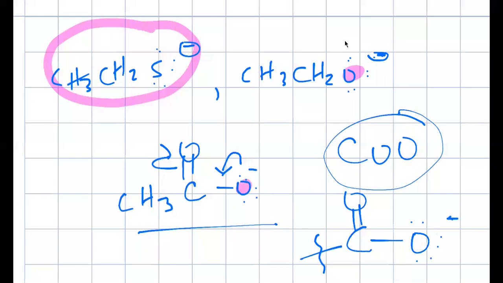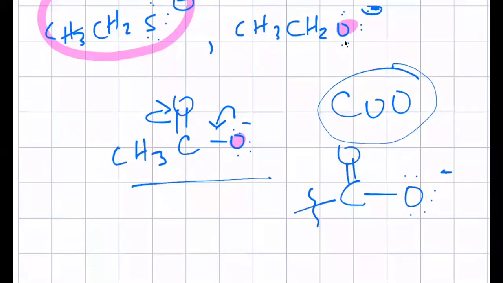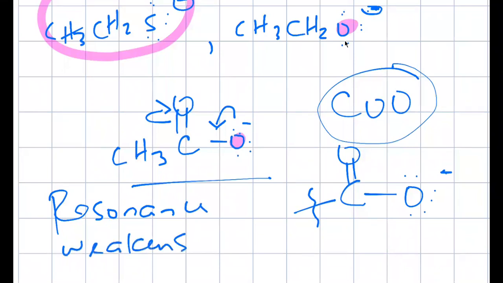So it lessens its nucleophilicity, because the charge is delocalized over those 2 atoms, and while the electrons are tied up in resonance, they're not readily available to act as a nucleophile. And so resonance weakens this as a nucleophile.